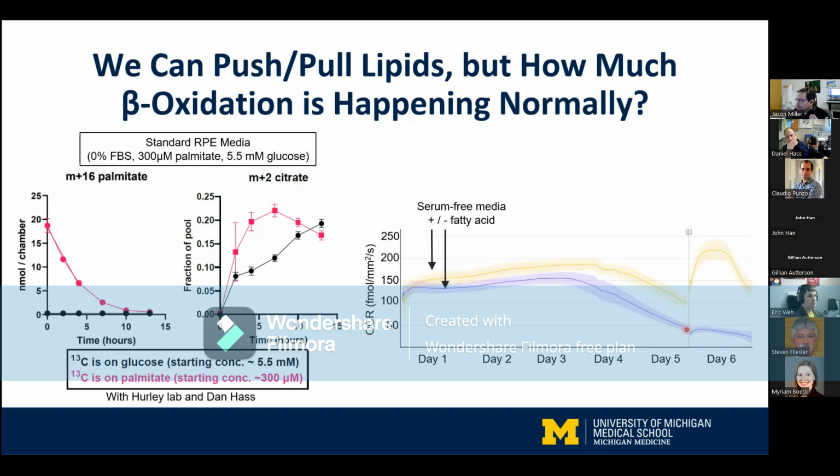If at this point we spike in, not changing the media, PBS or some non-nutritive volume compared to spiking in palmitate with the same volume delivered in the same vehicle, you can see that the palmitate causes a very large increase in OCAR. So that suggested to us that if the RPE culture is sitting with its happy media, it's not doing much beta oxidation, but it's certainly capable of doing beta oxidation.